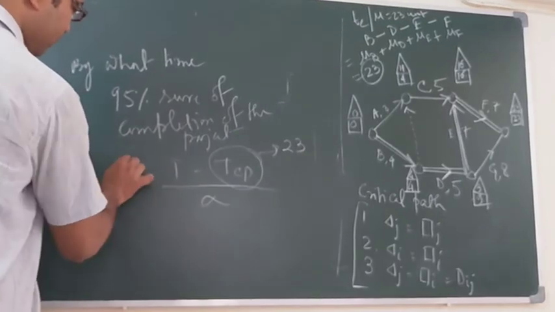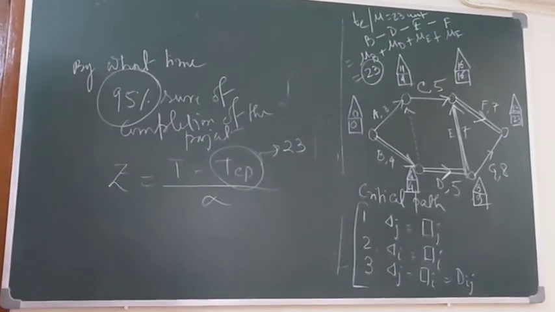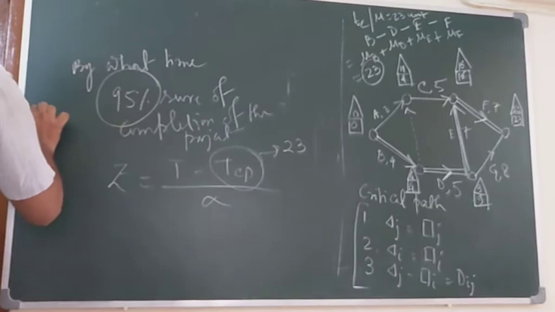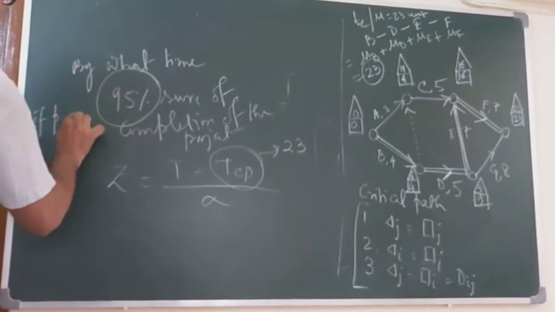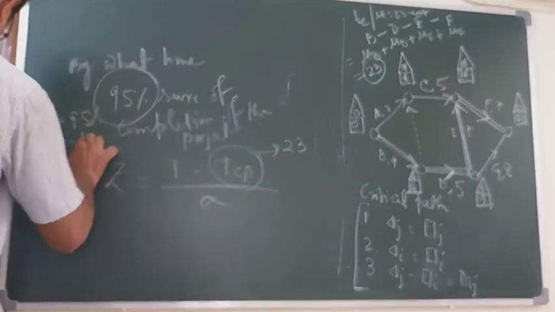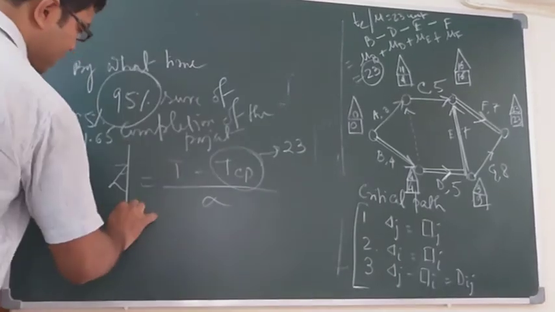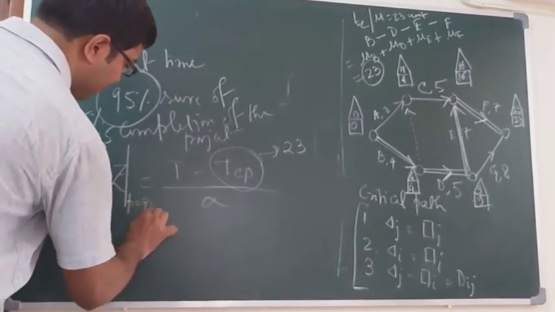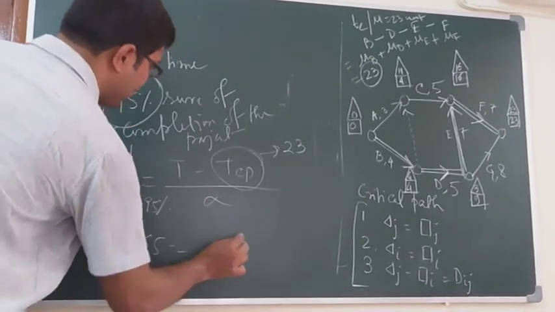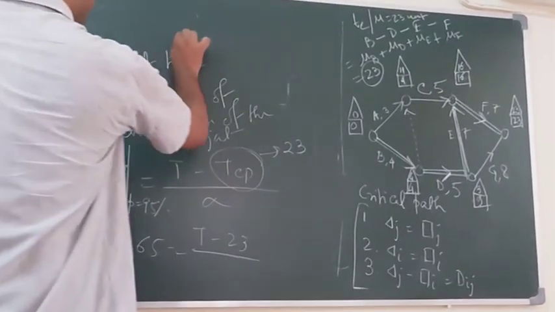And 95% is the probability. For 95%, if P is 95%, then Z will be 1.65. Don't worry, this will be given. So Z at probability 95%, 1.65, is equal to T minus 23 divided by sigma. And what is sigma?